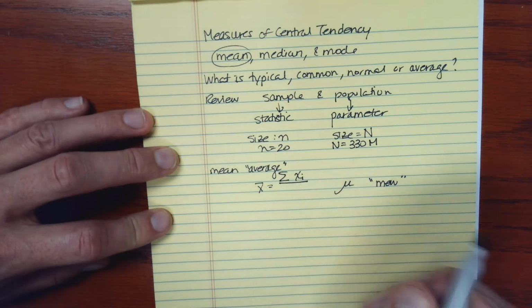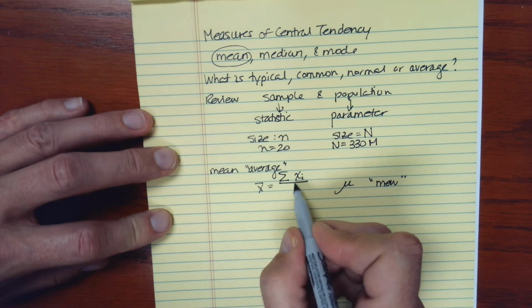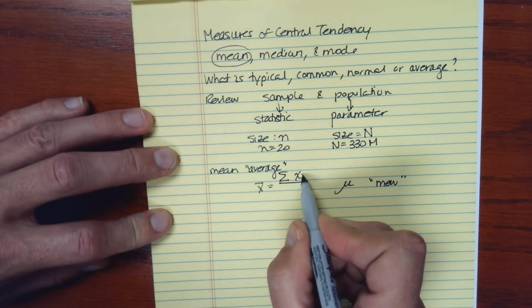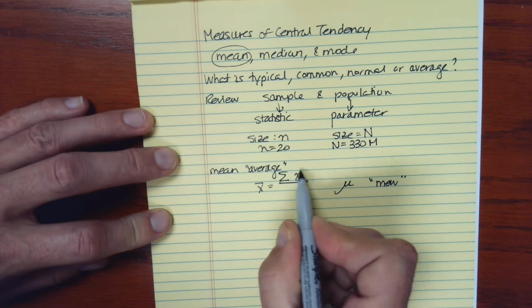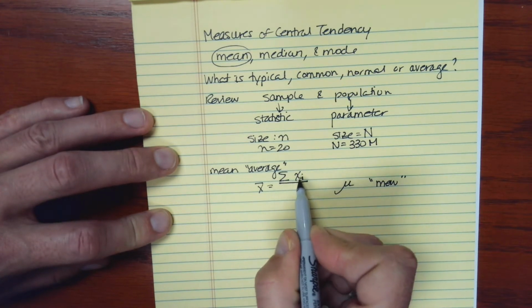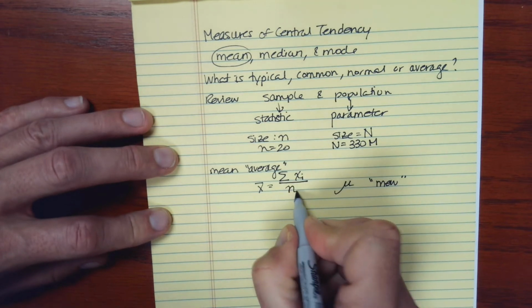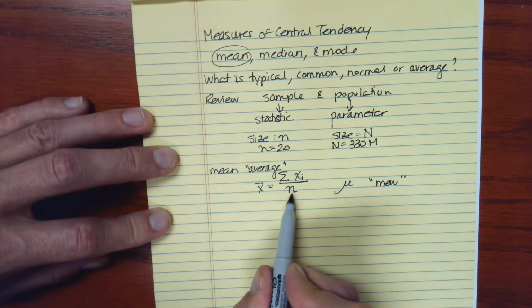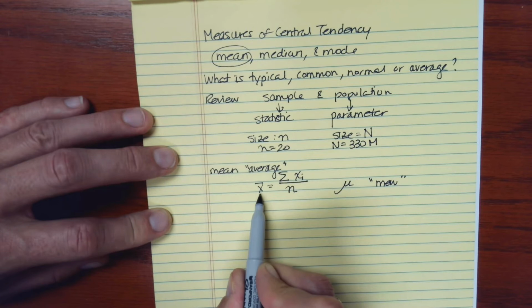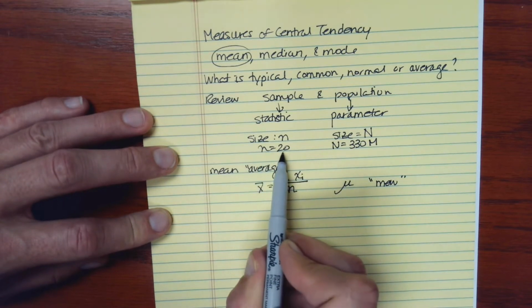The x represents our variable, and the subscript i is an index, and all this means is to add up all the values of your variable and then divide by how many you have. Again, I'm using a lowercase n because this is the sample mean, and the lowercase n is the sample size.